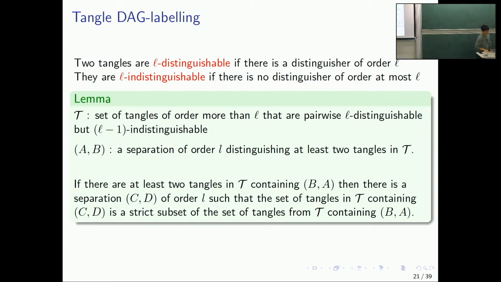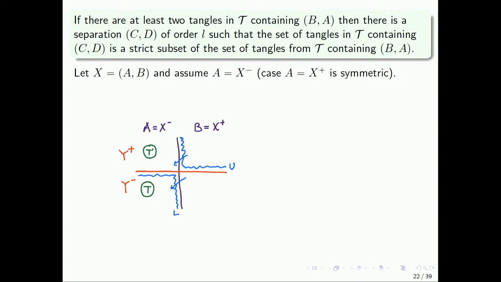I think I can explain this lemma in quite some detail. So let's assume that the separation X is AB and assume A is X minus, as in the picture. The case where A is X plus is symmetric, so I do not assume it.